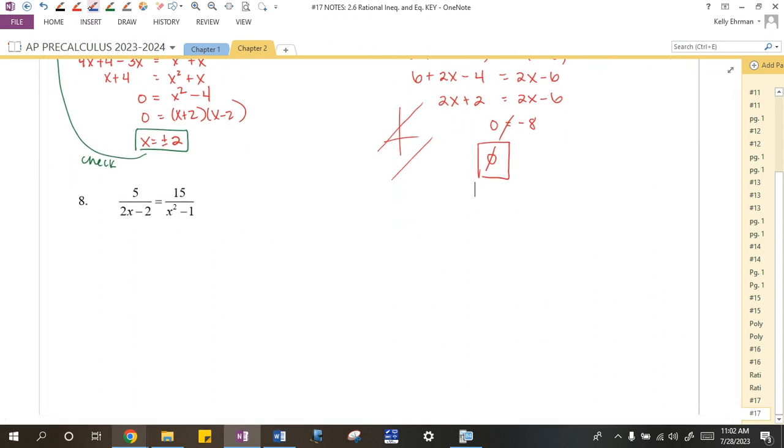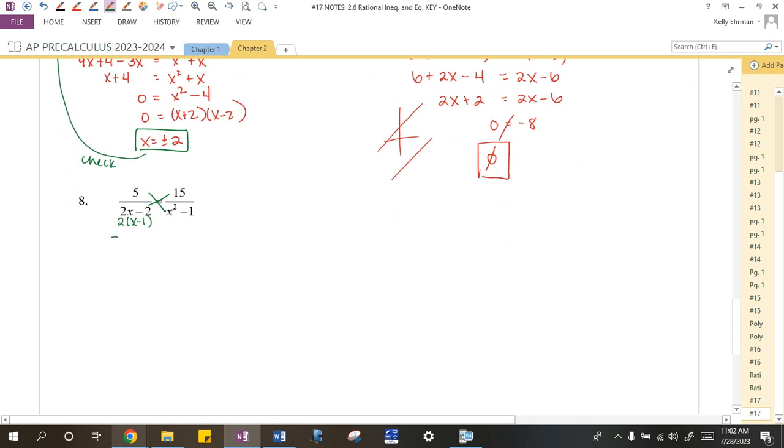All right, number 8. I'm allowed to cross multiply here, if you want to think of it that way. You could factor out an x minus 1, or factor out a 2 and show that that's x minus 1, if you want to. But honestly, if I see a fraction equal to a fraction, I would just cross multiply.